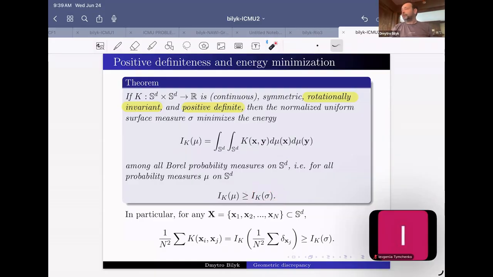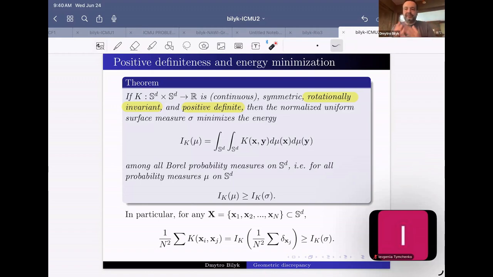First of all, this is a very natural statement because it tells you that for these kernels, if particles interact according to the law given by that kernel, and you put those particles on the sphere, then they will distribute themselves uniformly.